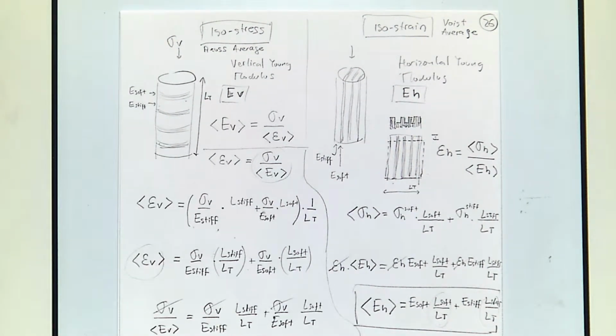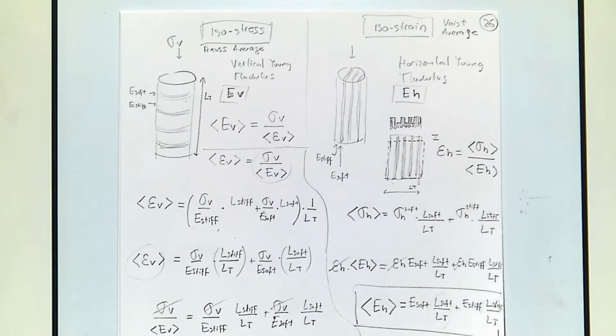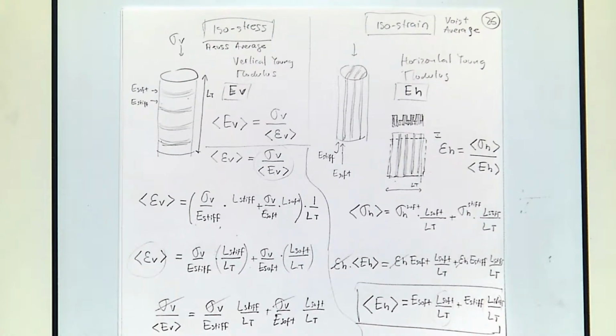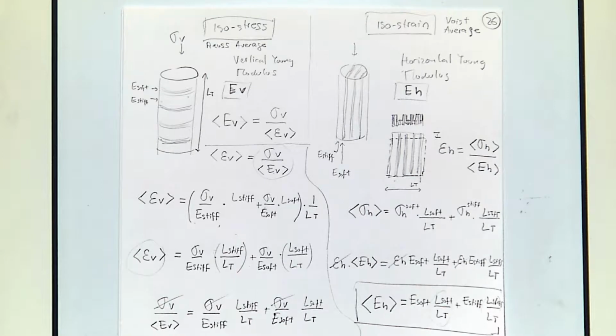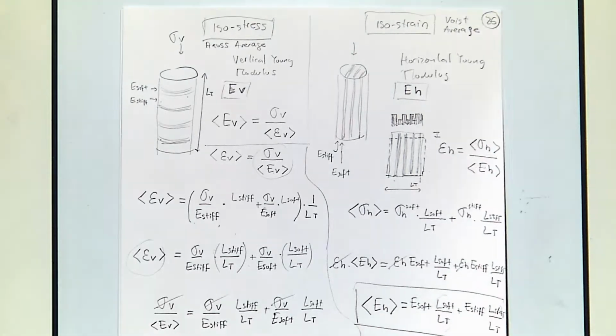In order to understand a little bit better the anisotropy of rocks, there is a set of parameters used in geophysics that help us characterize anisotropy with some dimensionless numbers. And these are called the Thomsen parameters.